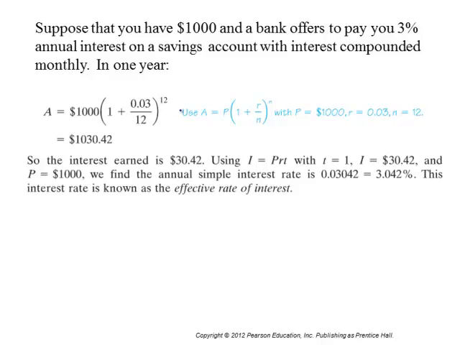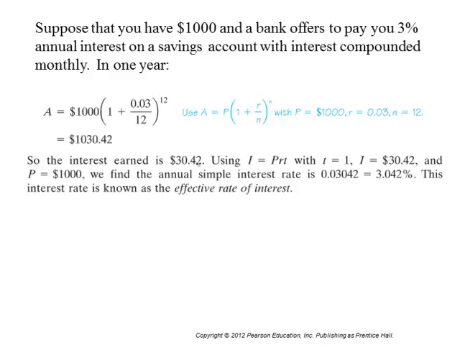So your absolute increase is $30.42. But the relative increase would be where you take this 1,030.42, subtract the original, which is the 1,000, so you get 30.42, and then divide by the 1,000.